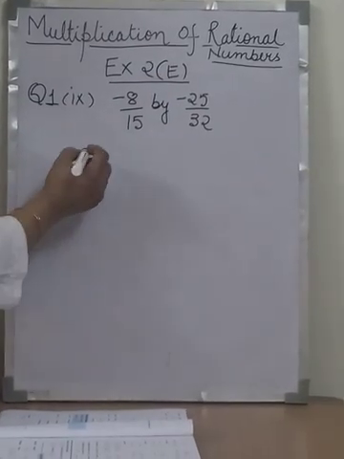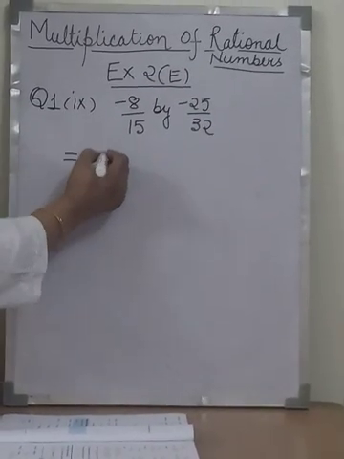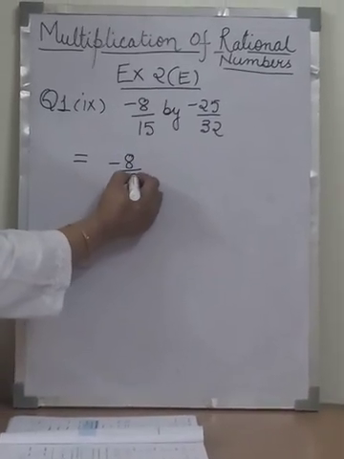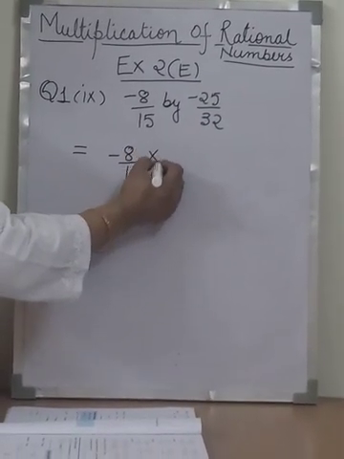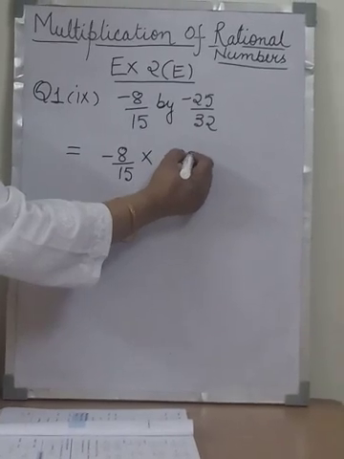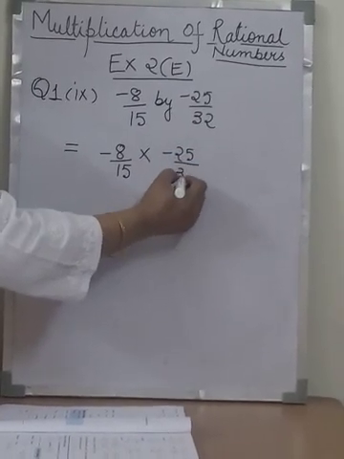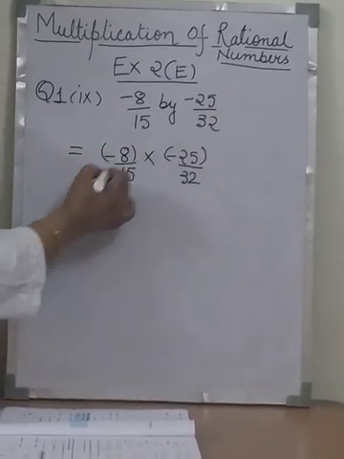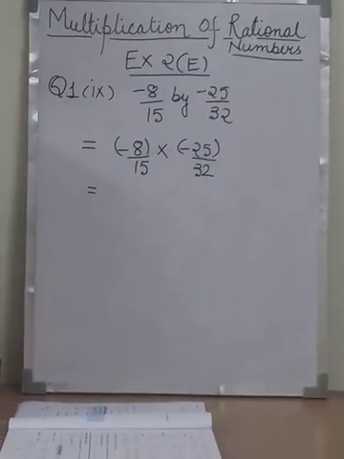So first step, we write the mathematical expression showing that we are multiplying. So -8/15 into -25/32. To avoid confusion, it is better to write the negative numbers in brackets.